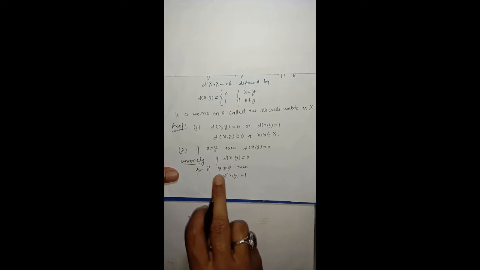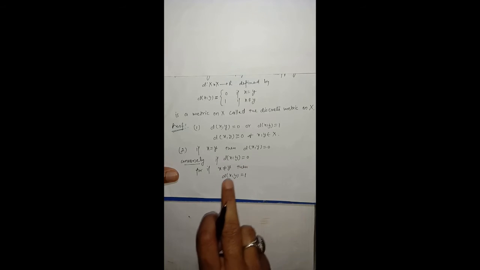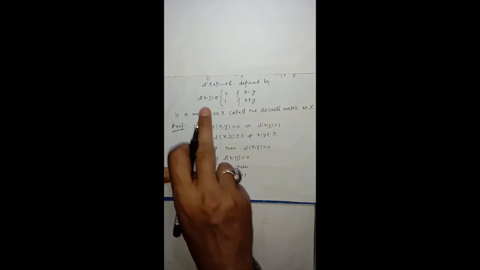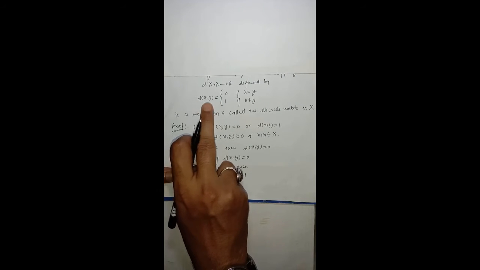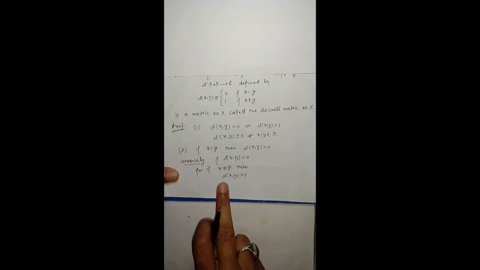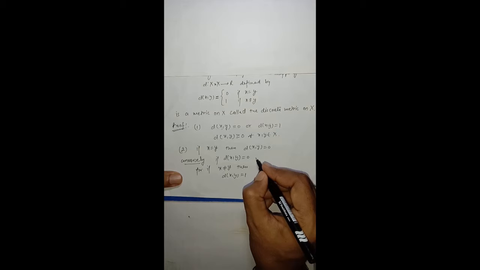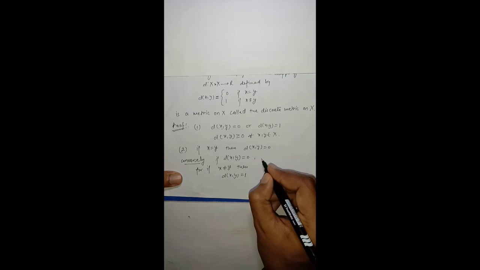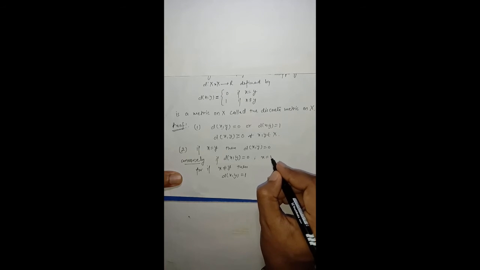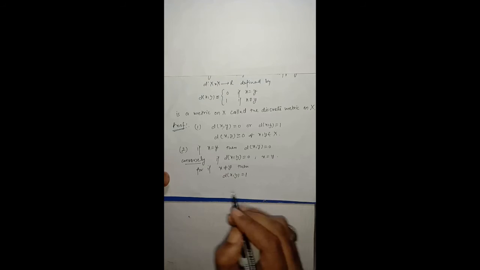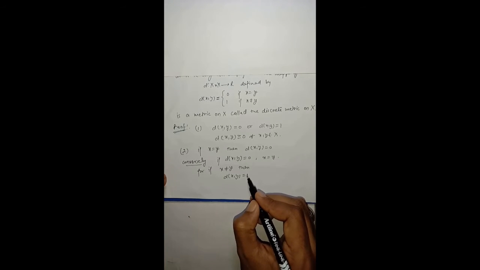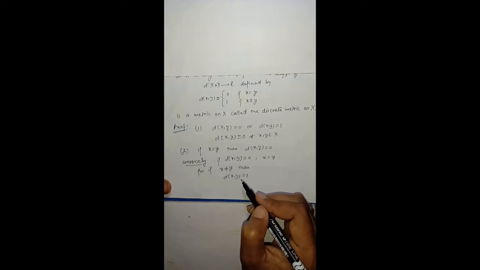Suppose if possible x is not equal to y, then by the definition of this function, the distance between x and y is 1. So our assumption is wrong. We can say that we must have x is equal to y. So we have proved the second property.